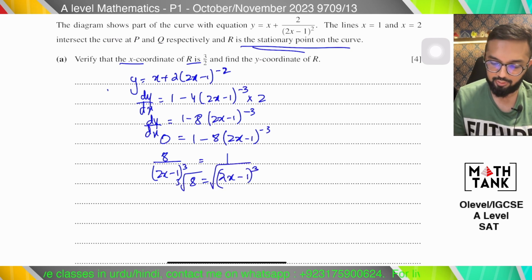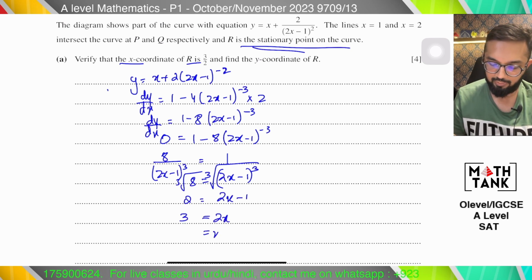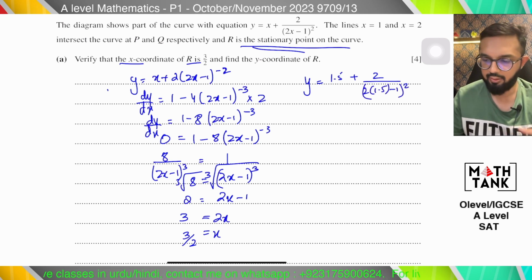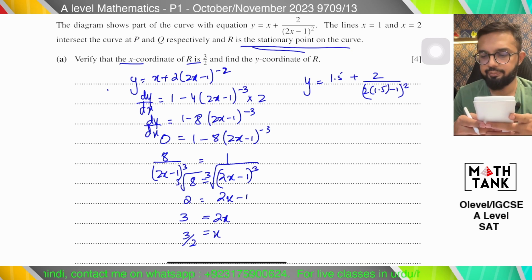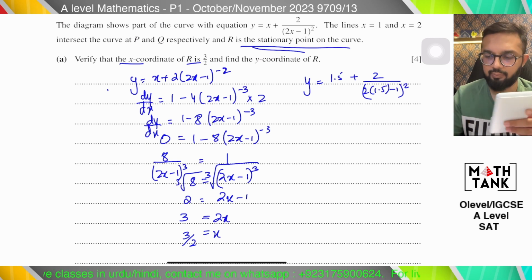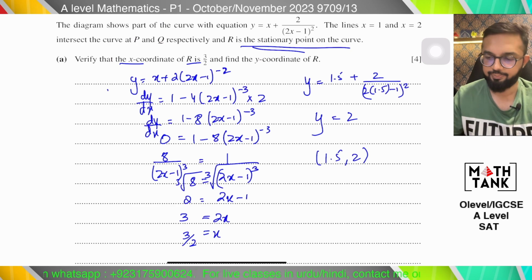Taking a cube root, I get 2 equals 2x minus 1, 2x equals 3, x equals 3 over 2. Find the y coordinate of R. So the y coordinate of R is simple: 1.5 plus 2 times (2 into 1.5 minus 1) squared. y equals 2. So 1.5 comma 2.